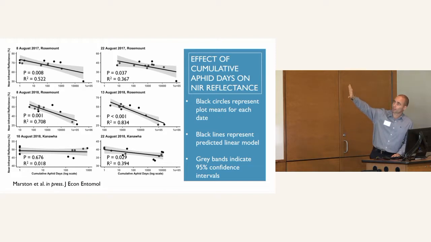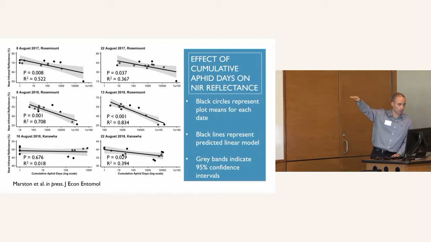So these graphs relate to the aerial data, so from the UAV-based sensor. NIR reflectance here. And we've got on the top 2 graphs, two dates in 2017 at Rosemont, Minnesota.